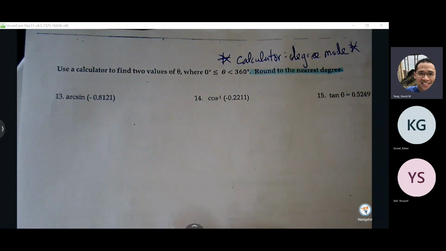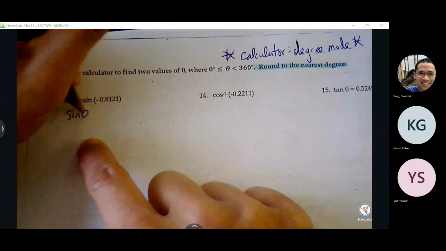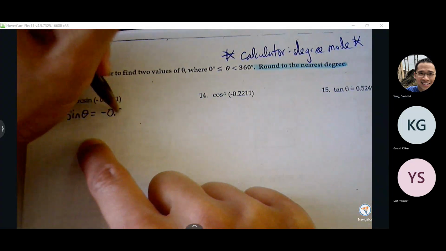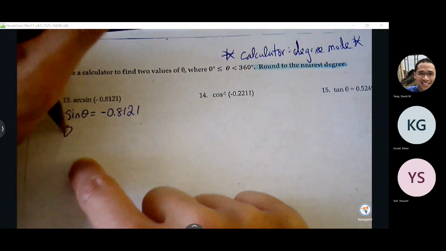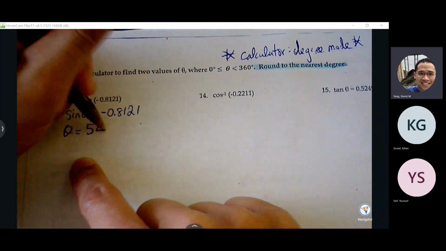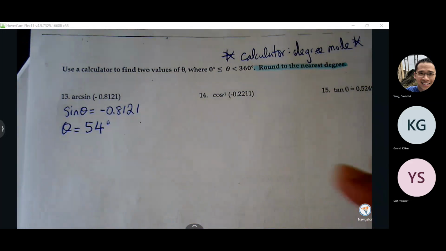Okay, arc sine of negative 0.1821. And find the theta that will allow sine to be that value. You should get 54 degrees in your calculator. Negative 54.